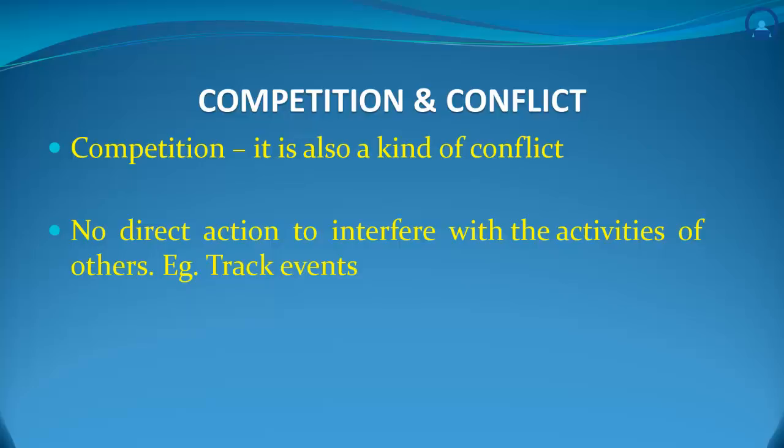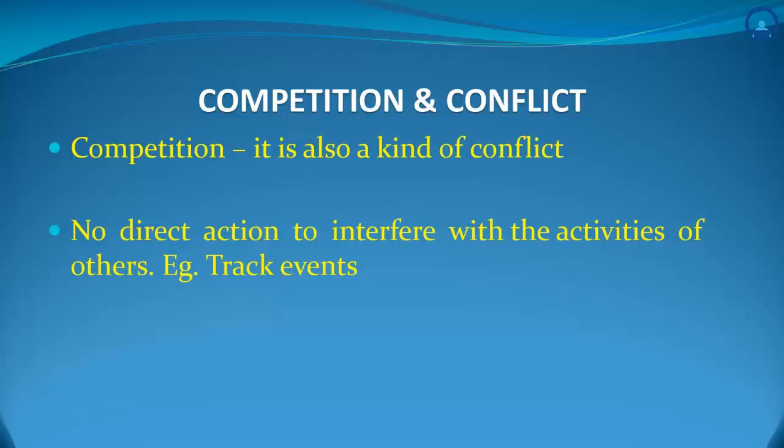So there is no direct or deliberate action to interfere with the activity. Just like track events, when there is a race or a marathon, there are several tracks and runners are assigned different routes or tracks. Nobody will cut across and go to another track, but yet they will compete with each other and try to reach the finish line much earlier than the others. So it's a kind of competition.